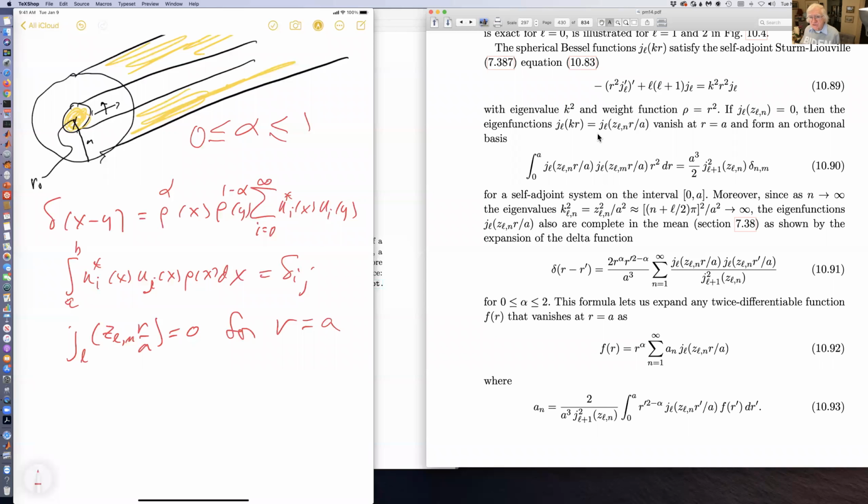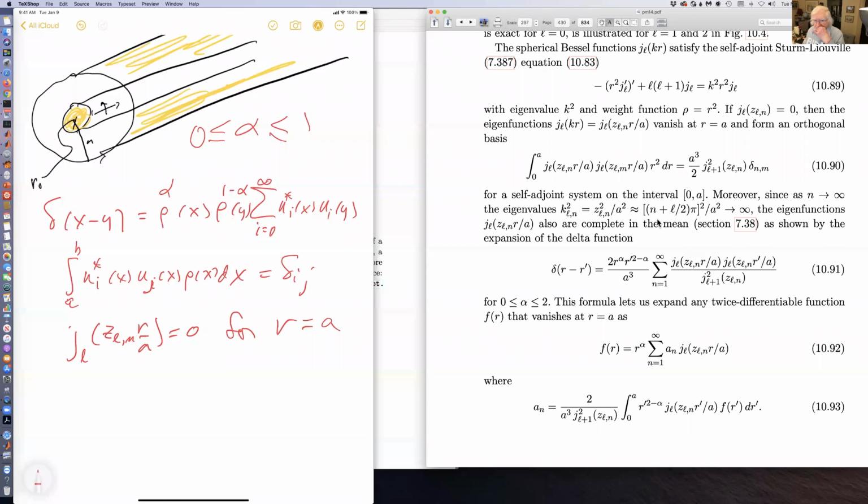Now, the eigenvalues are z_Ln over a, the eigenvalue being k squared, and k is z over a. And so you have an infinite series of eigenvalues as n goes from 1, the lowest one is 1 because it's the first zero of J_L.